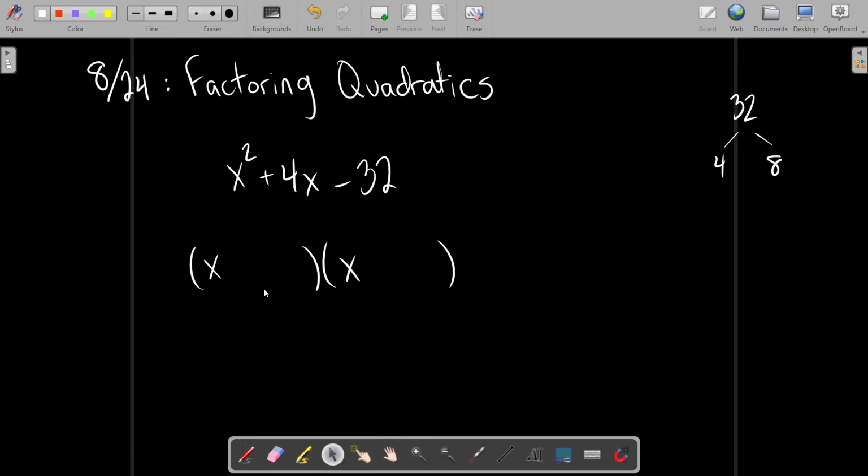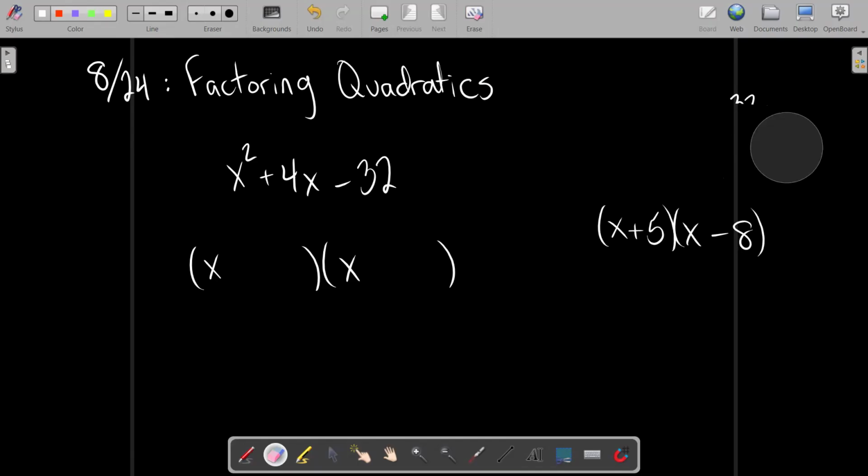So what we're doing is building a couple of what we call binomials that, if we were to multiply them back out, would equal x squared plus 4x minus 32. As a little reminder, let's do a quick practice problem. If I gave you x plus 5 times x minus 8 and asked you to multiply that out, you would follow a four-step process.